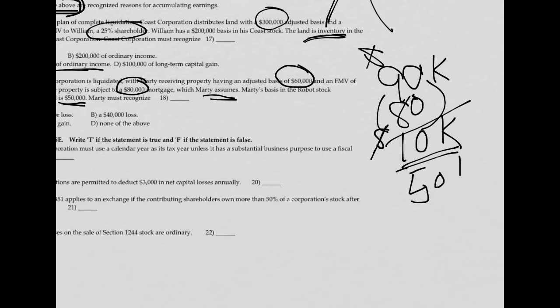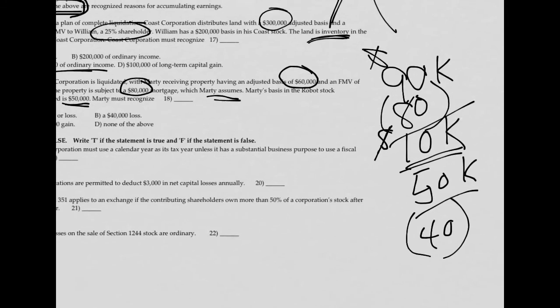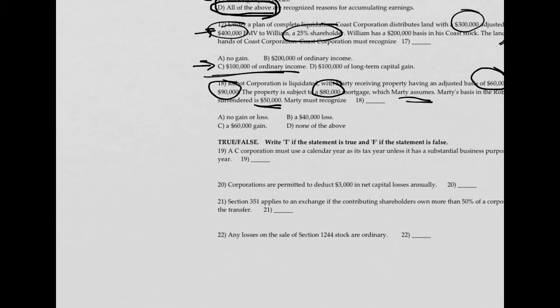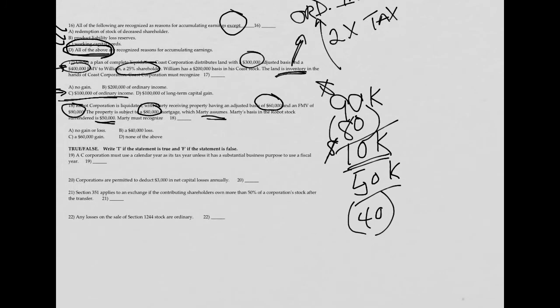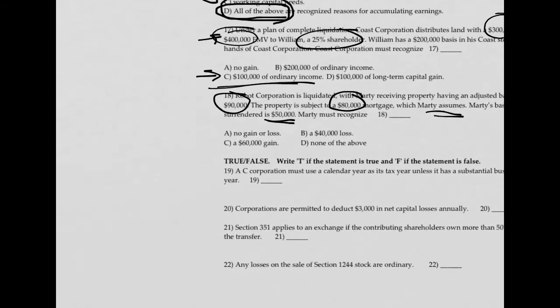He really has a $40,000 loss because he's worse off now than he was before. He had a $50,000 basis, but he didn't get his basis back. All he got was the value of 10. $40,000 loss. Answer B. End of discussion.